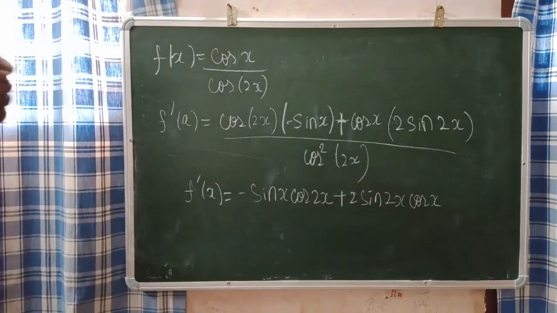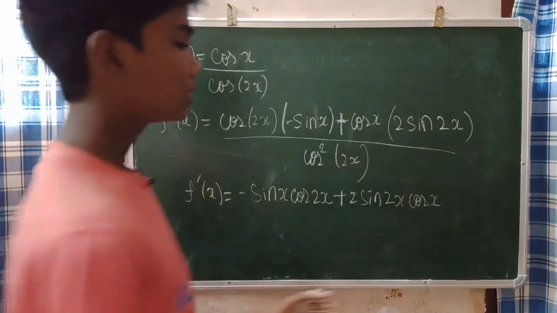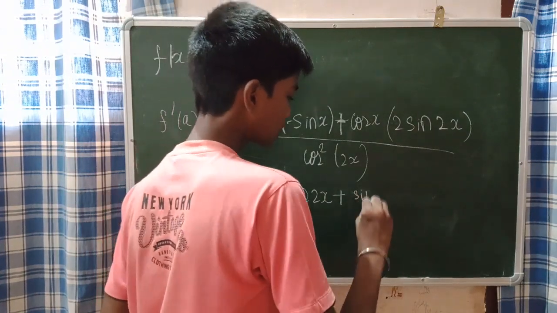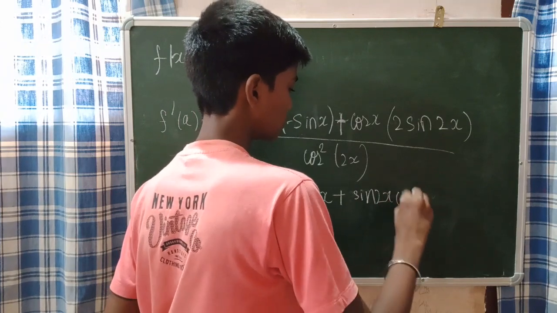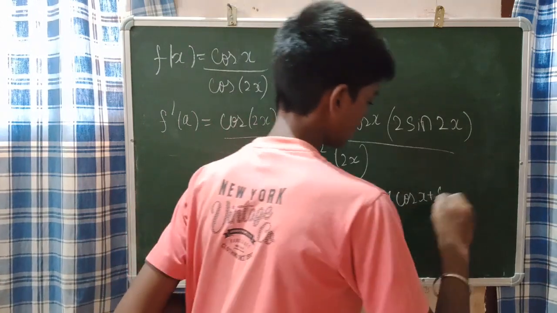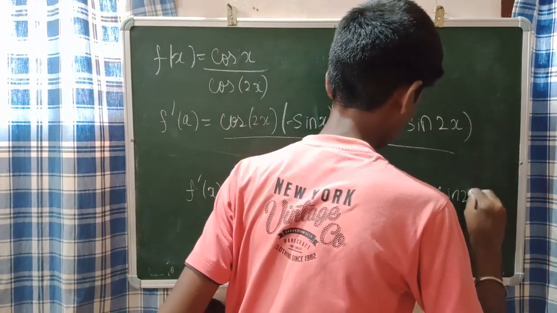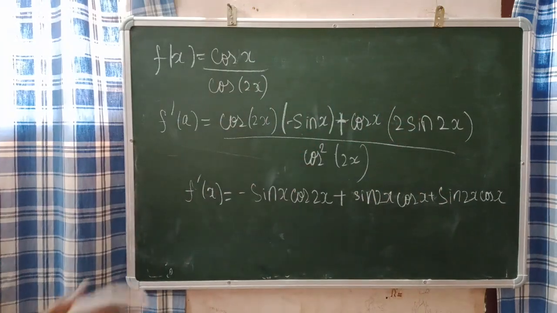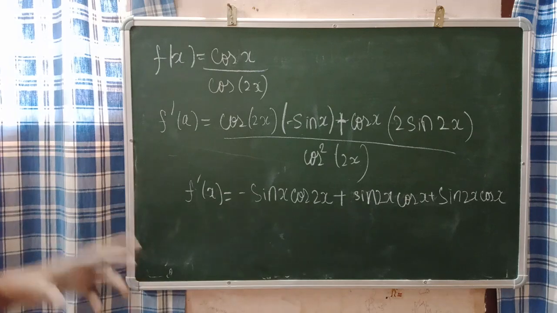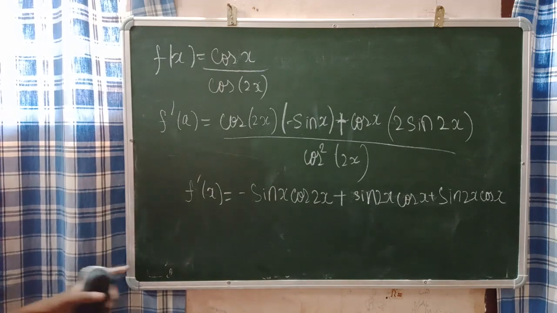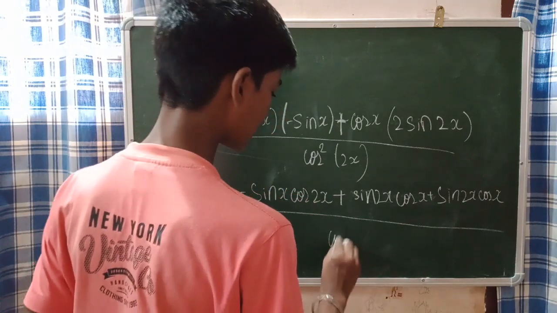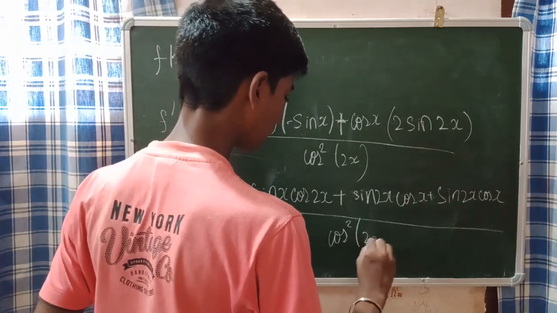Now what I am going to do is write this 2 sin 2x into cos x as sin 2x cos x plus sin 2x cos x. Correct? I am writing the 2 sin 2x cos x as sin 2x cos x plus sin 2x cos x, with the same denominator cos square of 2x.